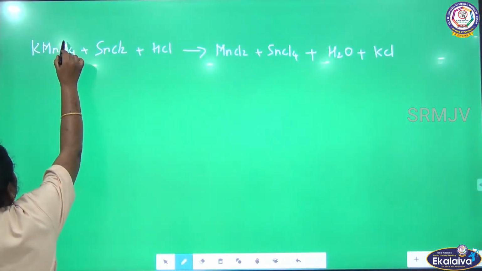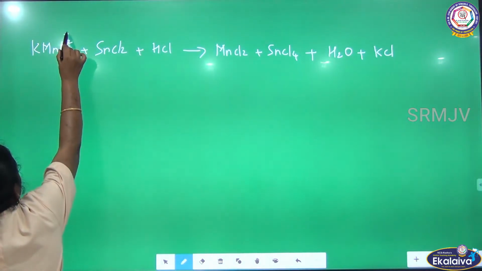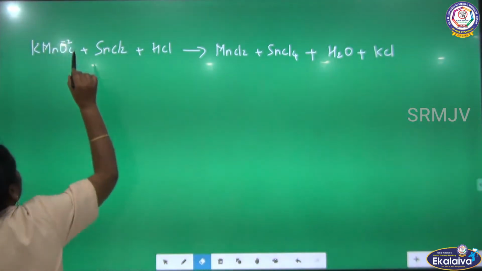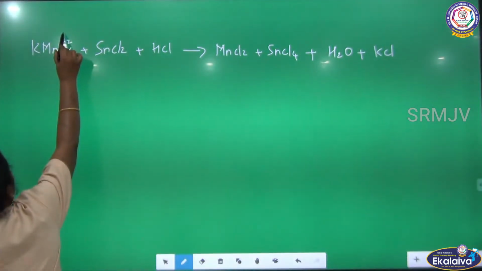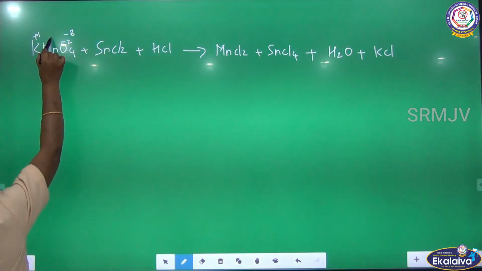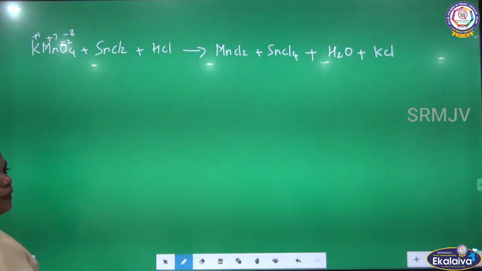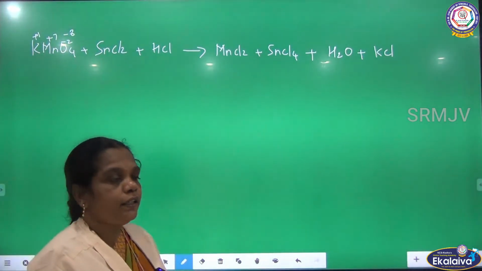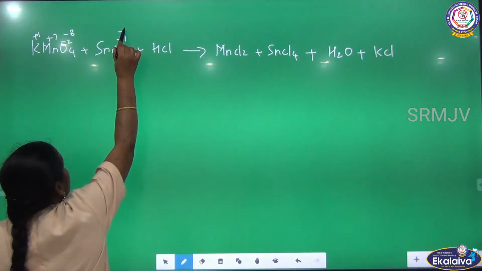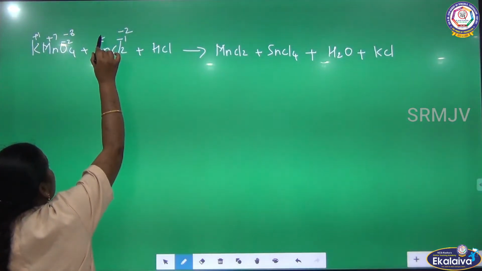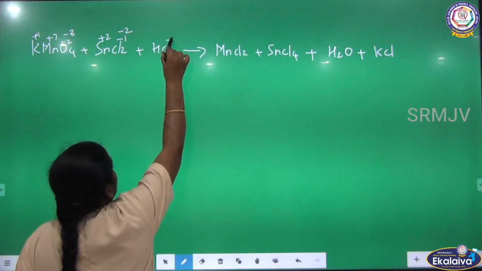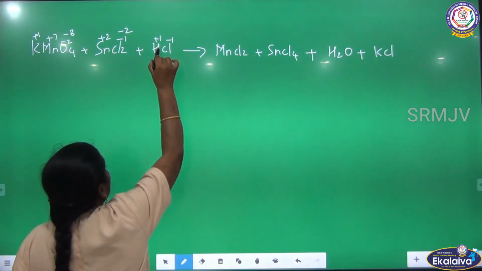You know that already. Oxygen has -2 oxidation for this compound, -8 and +1, so this becomes +7. So +1, +7 and -8, it is nullified. Next strontium, chlorine -1, for this compound -2, then for strontium +2. And then chlorine -1, hydrogen +1.